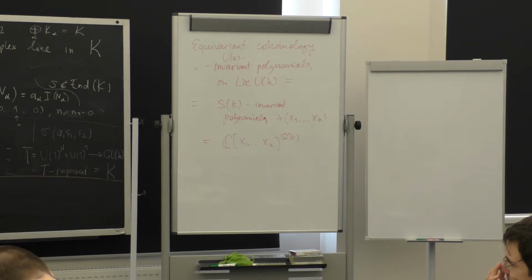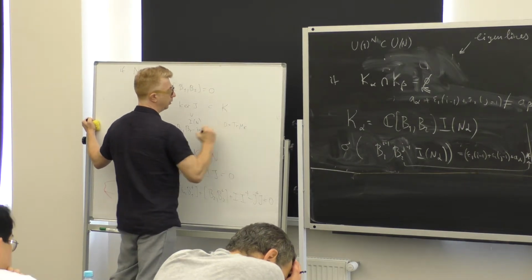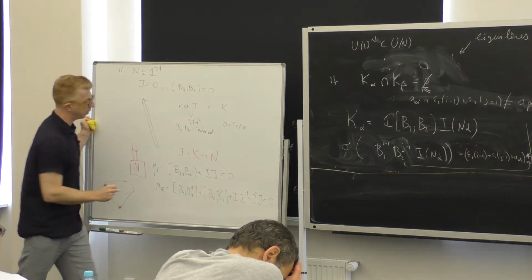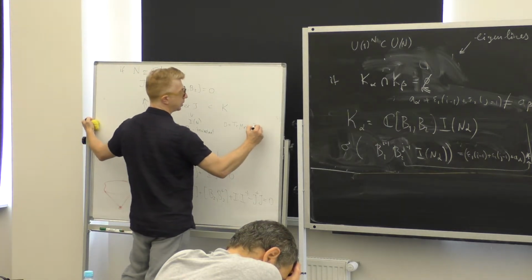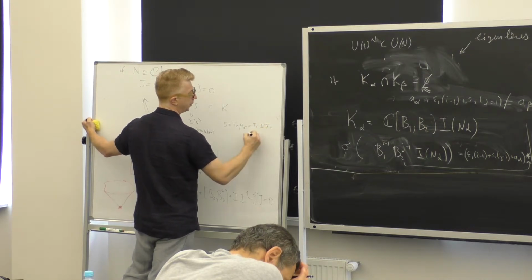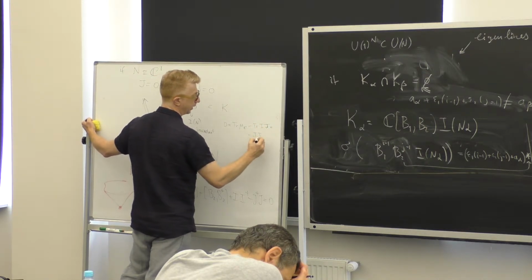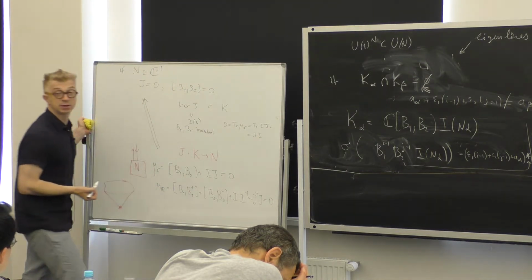Well, it contains the image of I because if you take the trace of this equation, the trace of mu c is 0, because mu c is equal to 0. On the other hand, the trace of the commutator is 0, so this is the trace of I times J. But because of the cyclicity of the trace, this is the same thing as J times I. And in the last step, I used the fact that N is one-dimensional.